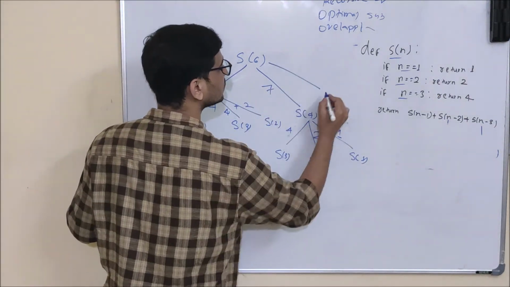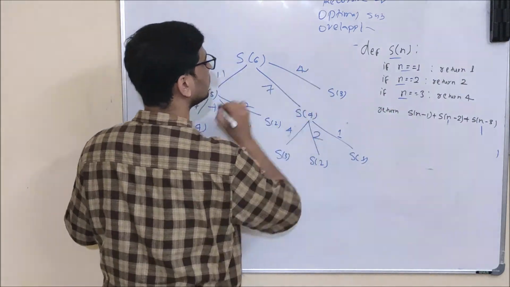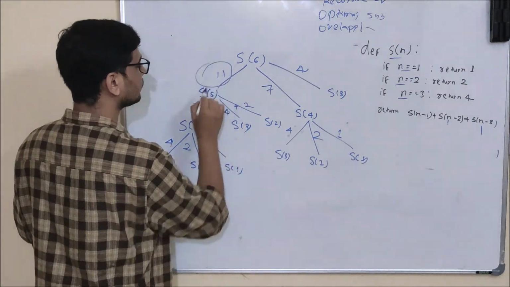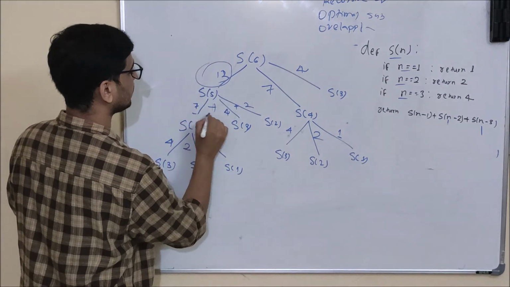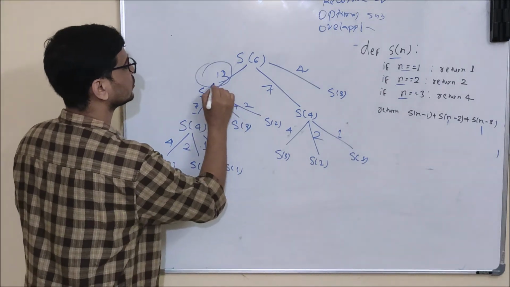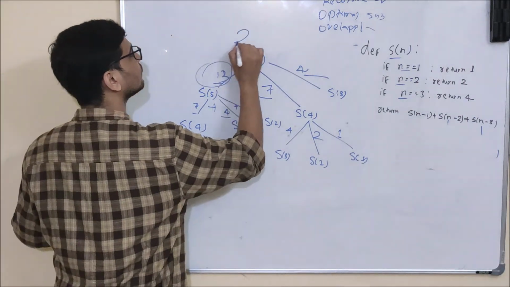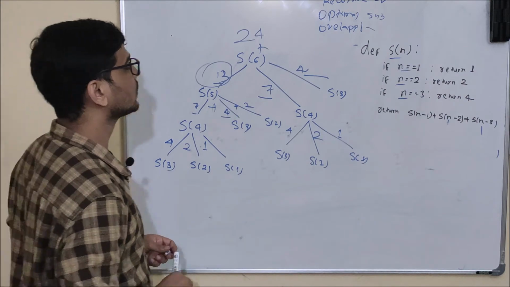And then s of 6 will call s of 3 and s of 3 will return 4 from here. And our value will be 13. 7 plus 4, 11 to 13. 13 plus 7 plus 4 will be equal to 24. And s of 6 will return 24.